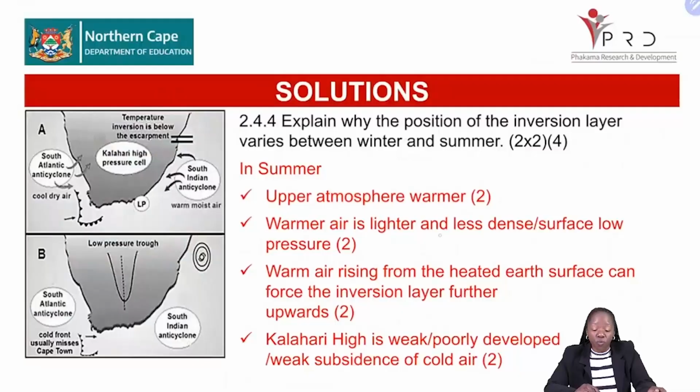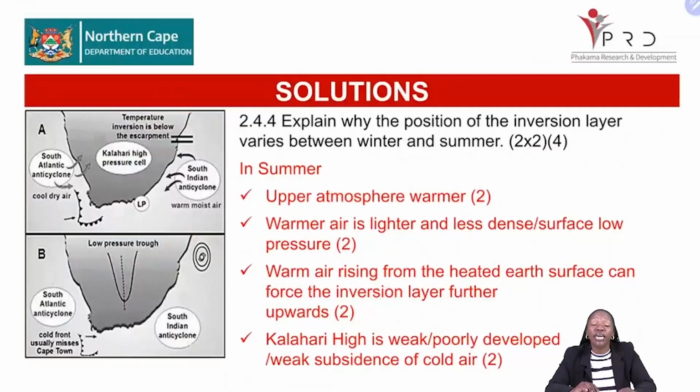And we are also looking at the warm air that is lighter and less dense. So therefore, it will create a surface low pressure. Then the warm air that is rising from the heated earth surface can force the inversion layer further upward. Hence, the inversion layer is above the escarpment during summer.